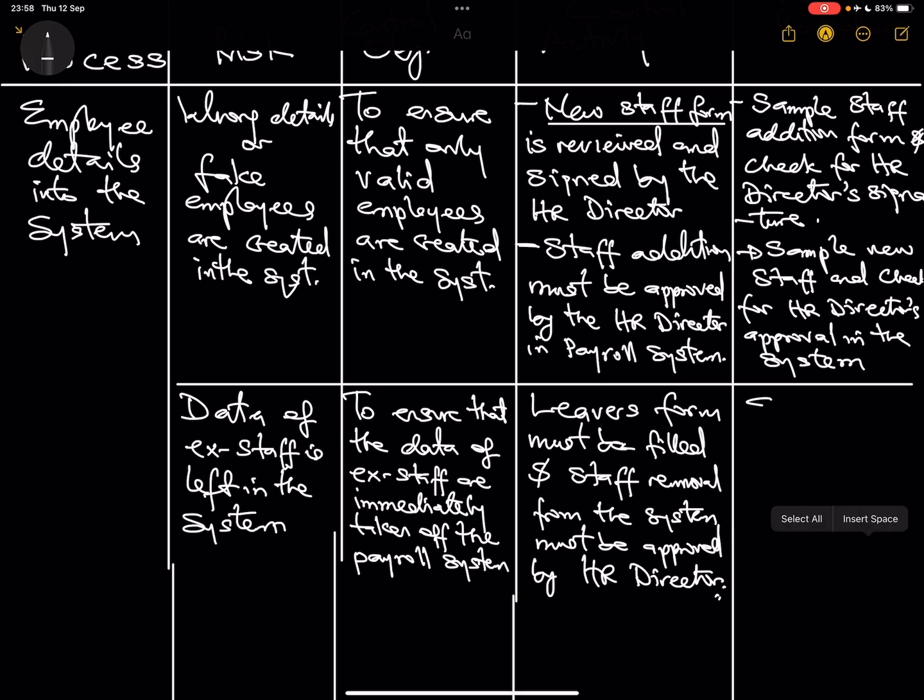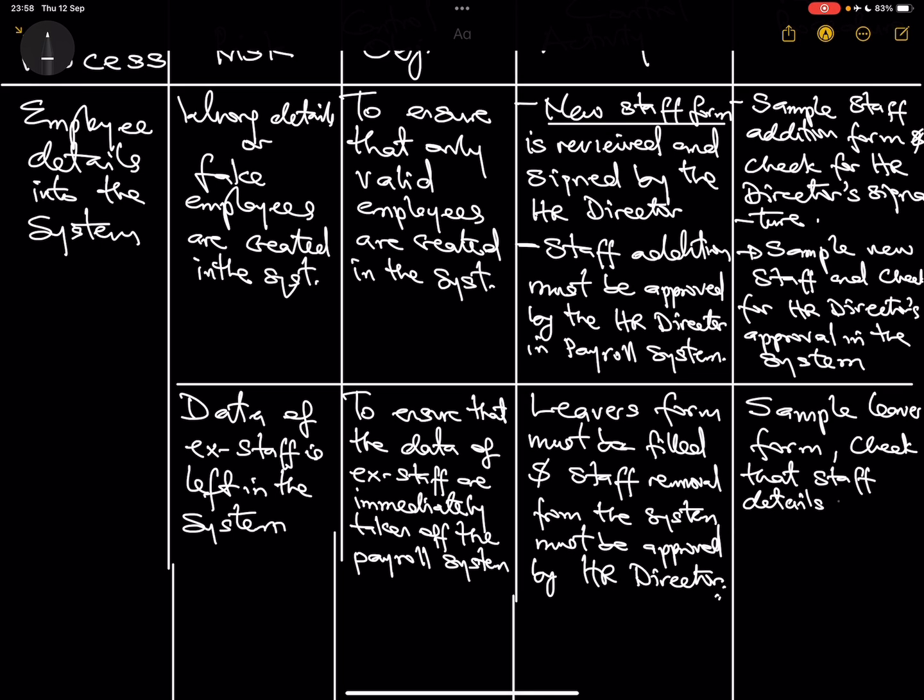So auditors need to sample leavers form, check that staff details have been removed from the system and removal was approved by HR director.